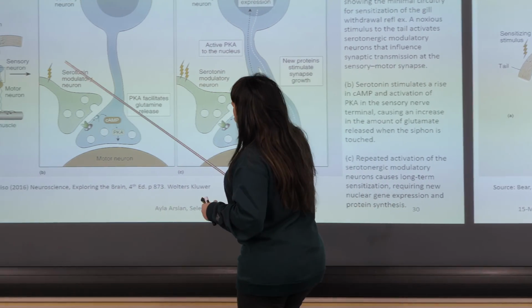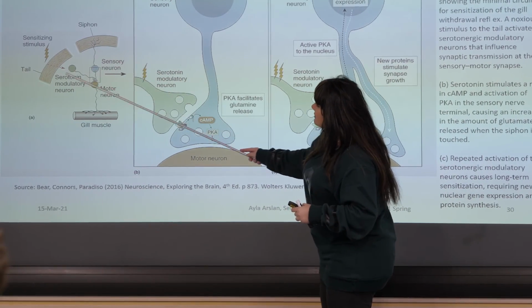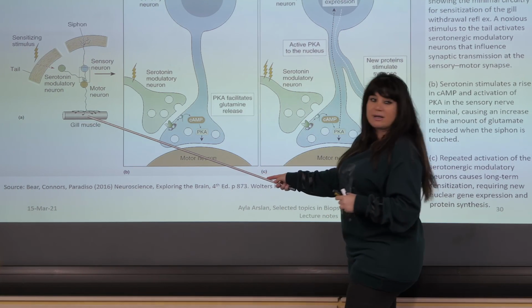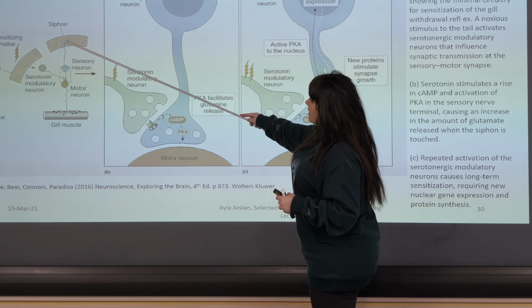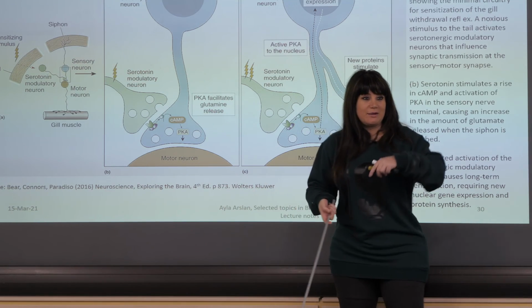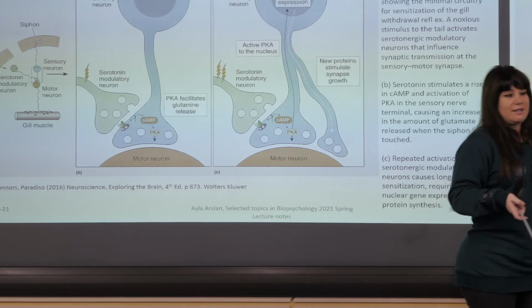And here you see the siphon is here, the tail is here, and the gill muscle is here. The siphon is the one from which the sensory neuron emerges, right?